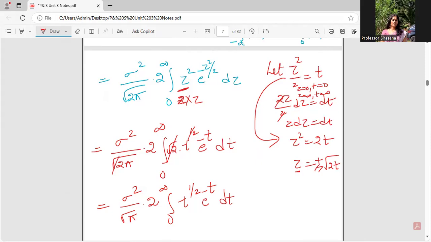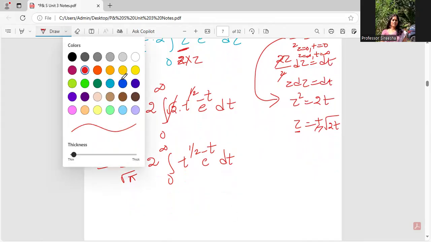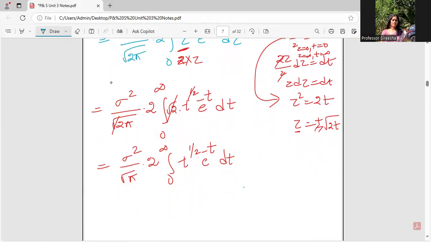As discussed in the earlier video on the mean, I know that this value is nothing but my gamma integral. Let me see what the value of gamma is. Just see, gamma of n is what? Integral 0 to infinite e power minus t, t power n minus 1 dt. What do I have in the place of n minus 1?